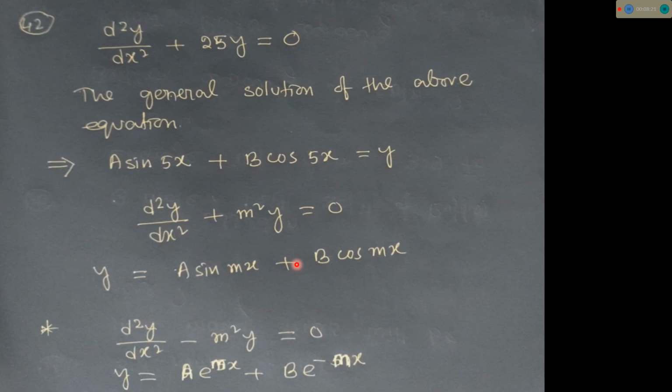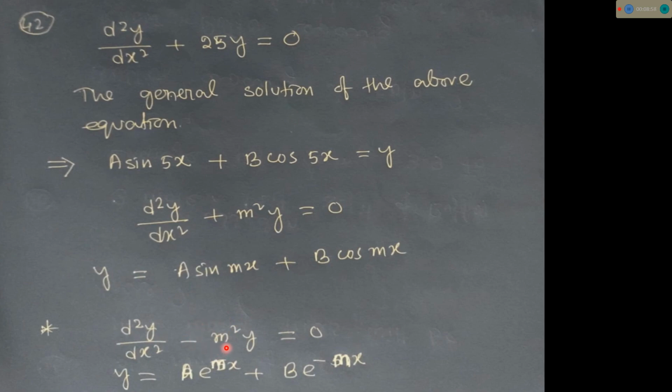Now just for extra information, I put this differential equation also. The question in the question paper was d2y/dx2 plus 25y, but if there is a minus term, d2y/dx2 minus m square y, where in place of m square there can be 25, or 16, which is obviously a square term, 16 means 4 square, 25 means 5 square, 36 means 6 square.